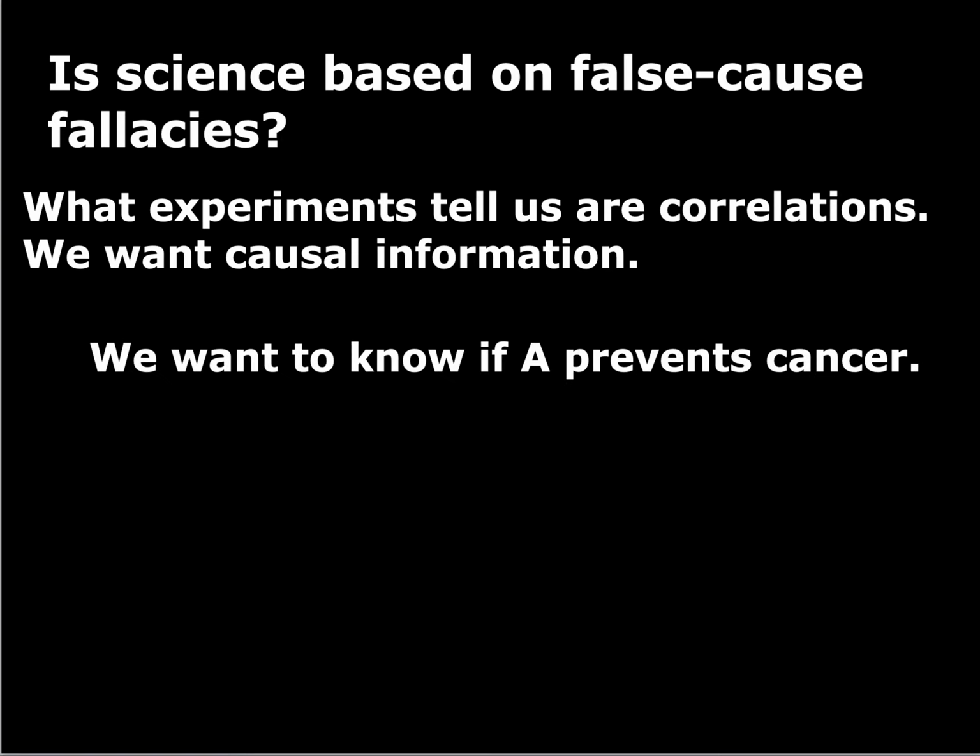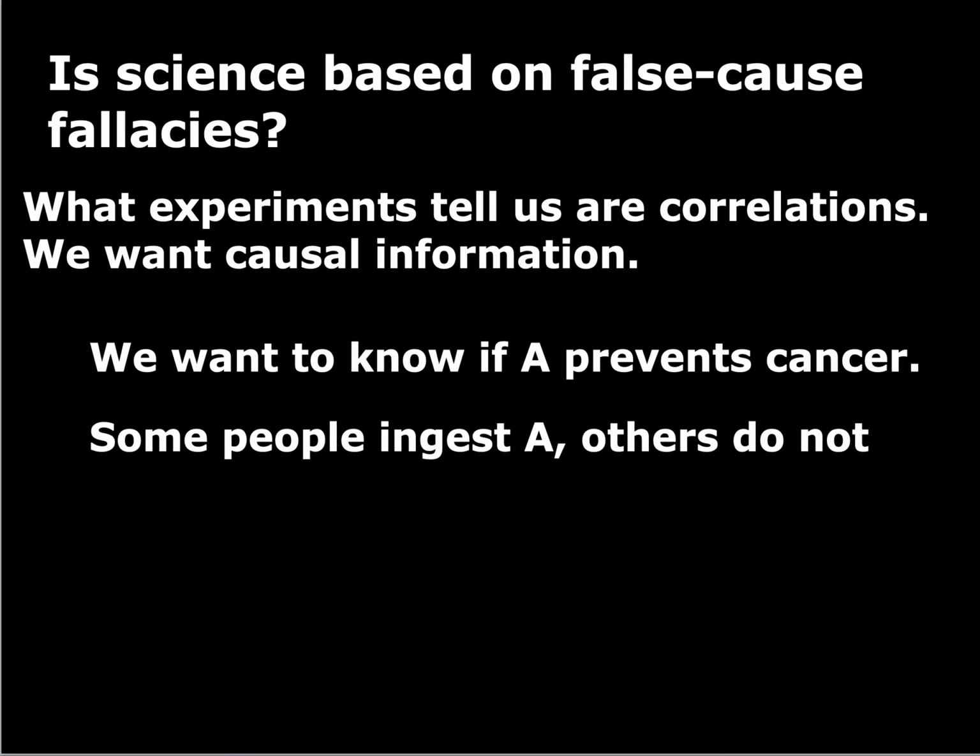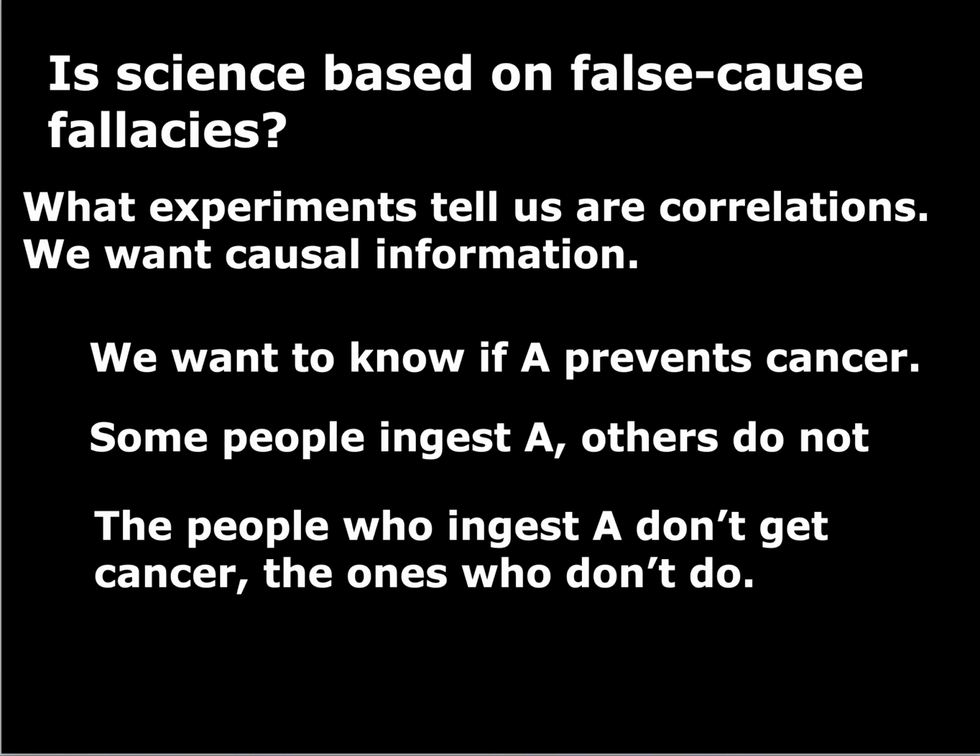We want to know if A prevents cancer. So we want to know a causal claim, but what are we given by the experiment? Some people ingested A, some didn't. The people who ingested A didn't get cancer. The ones who didn't ingest A did get cancer. So all we know is this correlation.